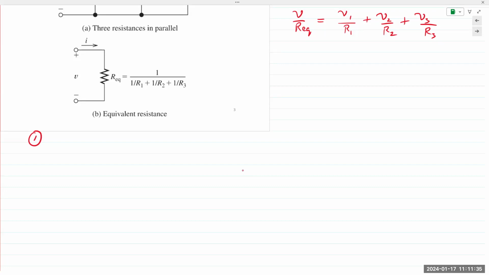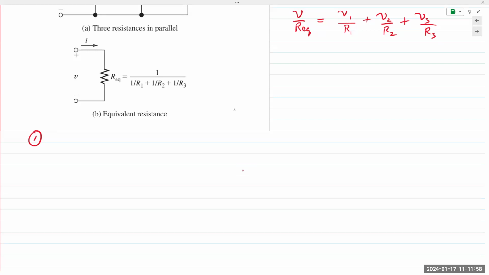But the same thing applies to a parallel network of resistances. If you have a parallel network, the resulting REQ will always be smaller than the smallest resistor in that network. If you have 10 and 20 in parallel, the REQ cannot be more than 10.